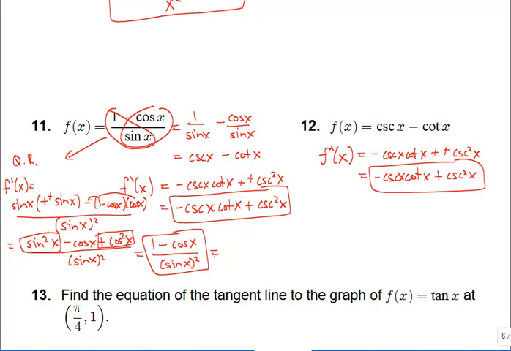But what I want to point out is if you split this up into two separate fractions, you'd have 1 over sine of x squared minus cosine of x over sine of x squared. And 1 over sine is cosecant, and when I have that square in there, 1 over sine squared becomes cosecant squared.